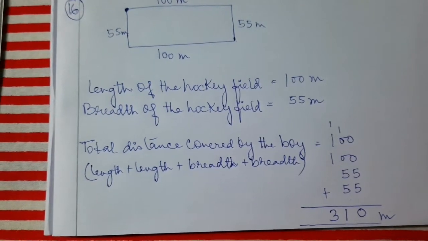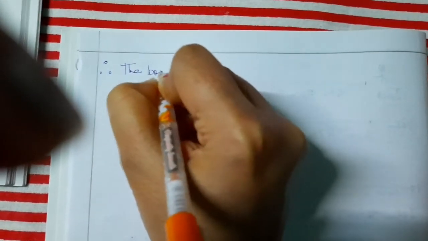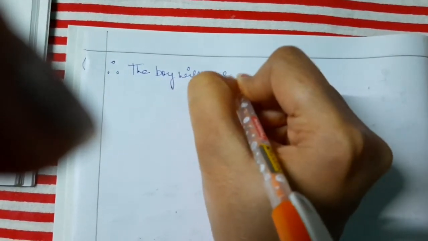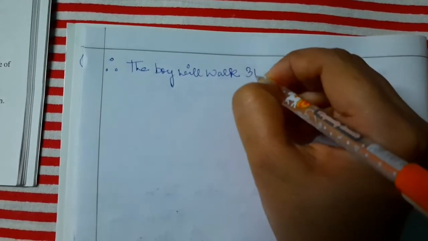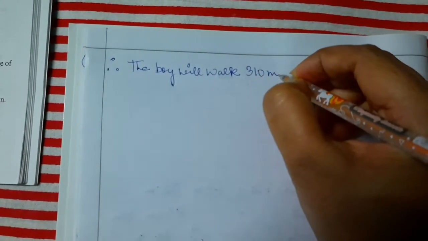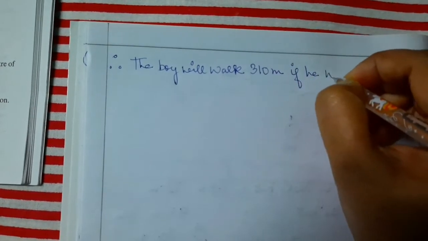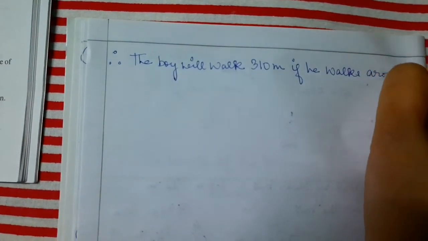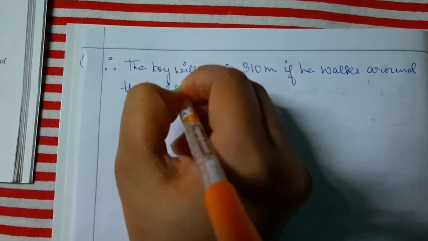Now let's write the concluding statement. Therefore the boy will walk 310 meter if he walks around the field once.